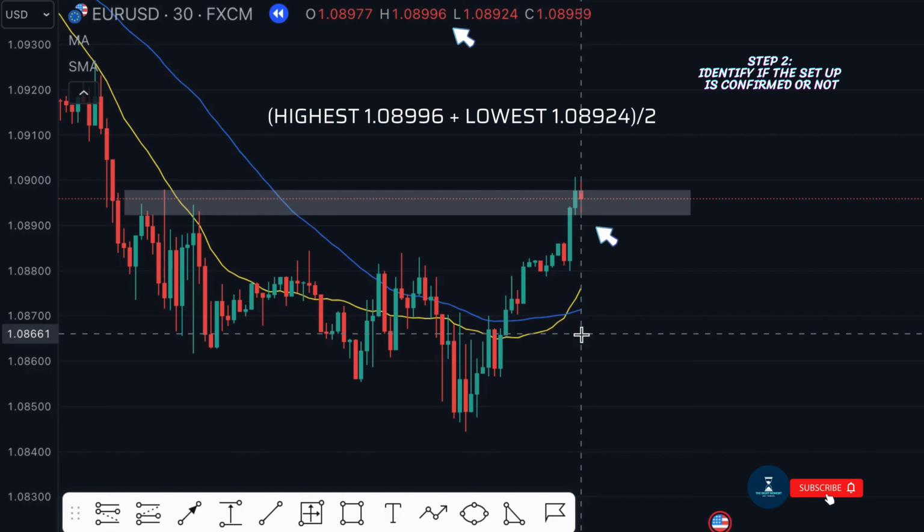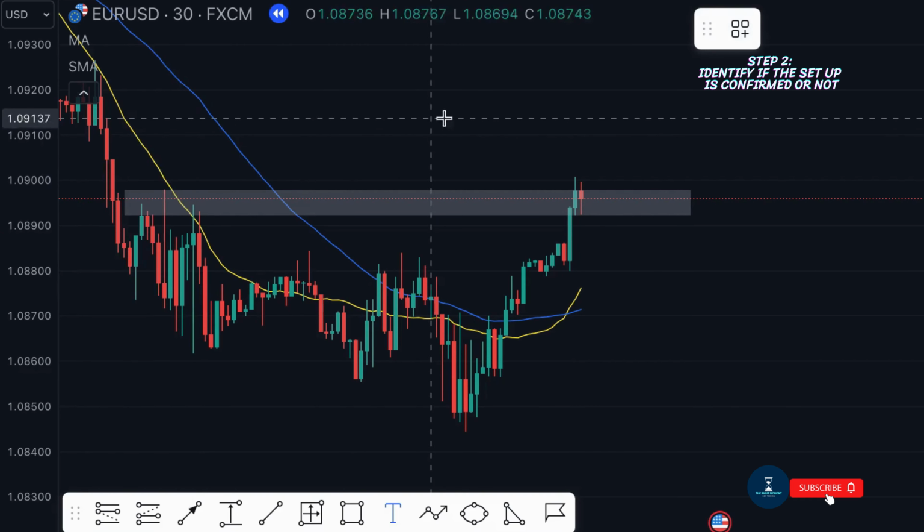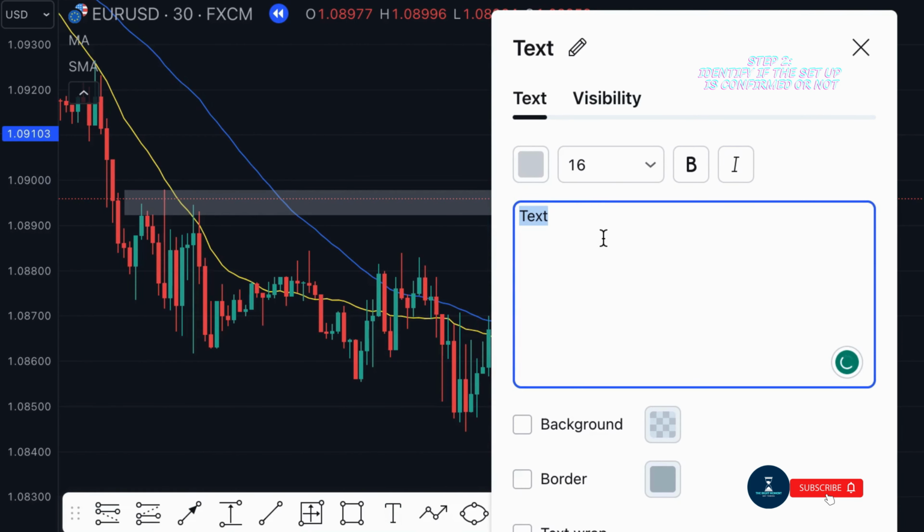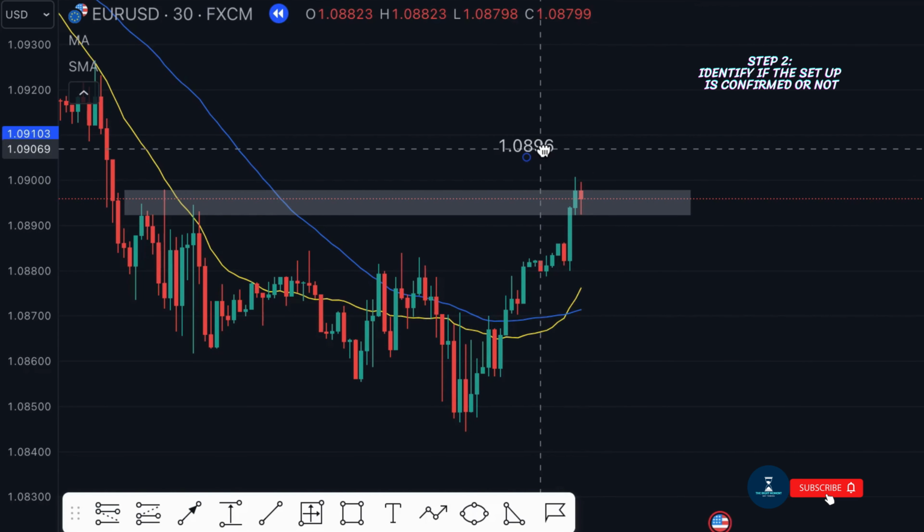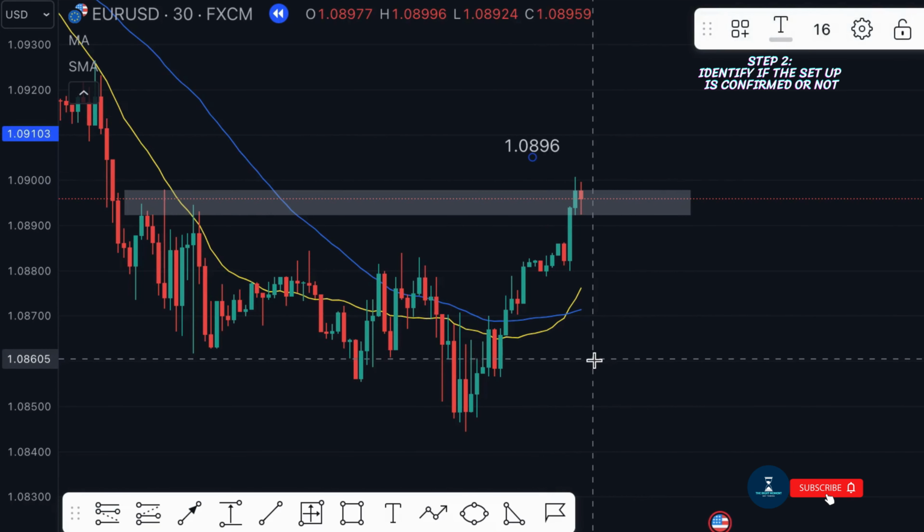So we have the middle of the candle. The middle point is 1.0896 right here. So this is the middle of this candle.